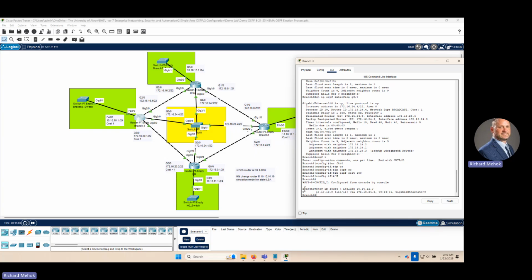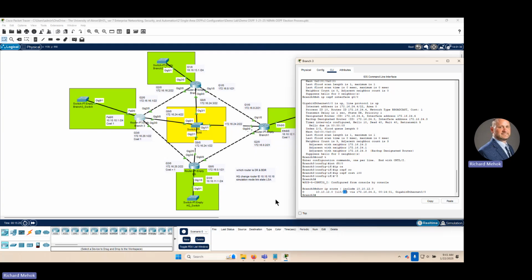So if you don't remember, O is OSPF, 10.10.10.12.0 is the network. 110 is your administrative distance, which is default for OSPF. And then your cost is 11 by adding up the cost of 1. So there's a 10 somewhere, which is the Ethernet here.